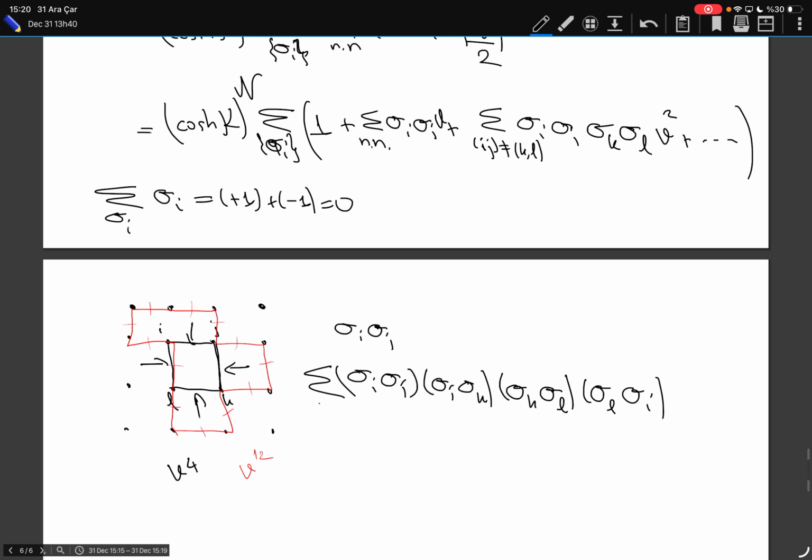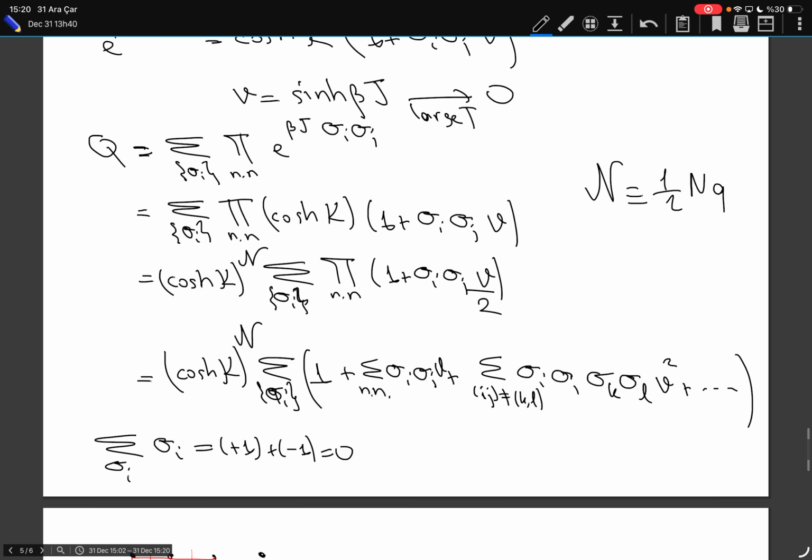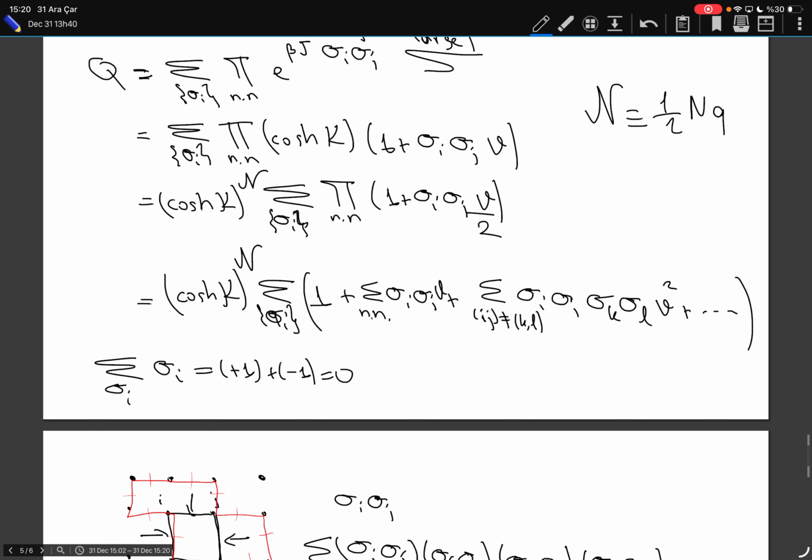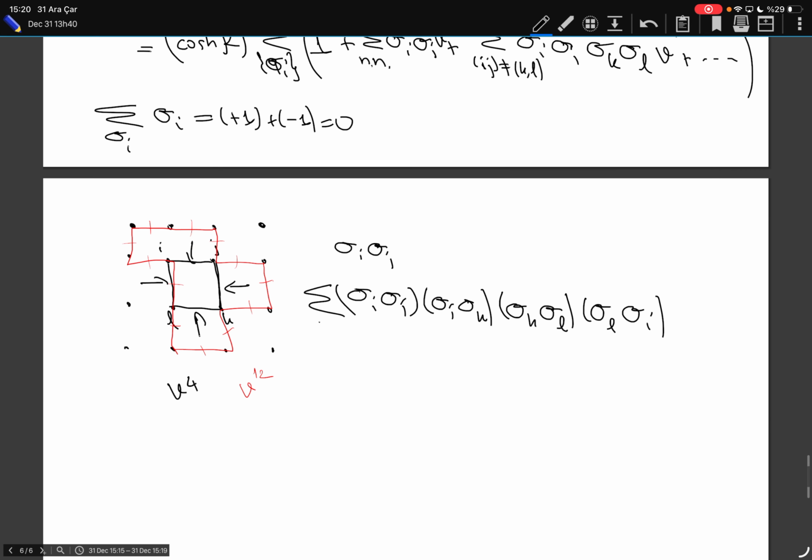So on the lattice, given each closed loop, I know the corresponding contribution. And keep in mind that in the large T limit, v is small, so it would be enough to keep the leading correction. For example, for a square lattice, it is v to the 4, the first correction.